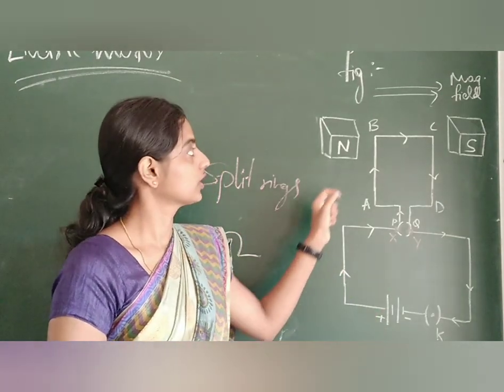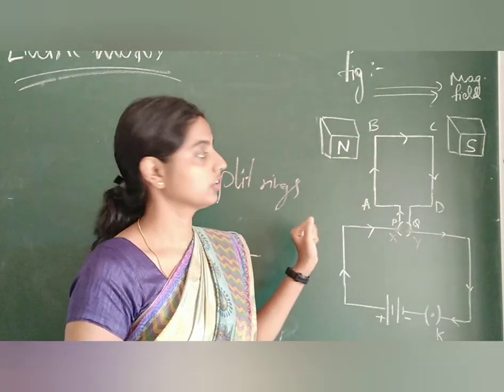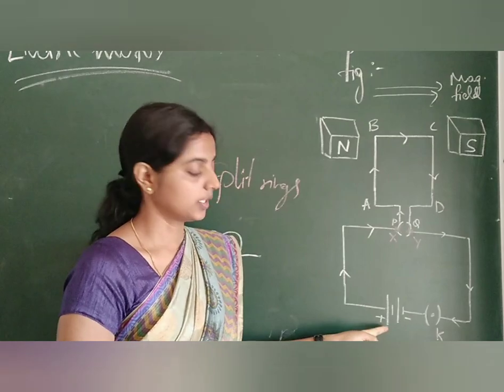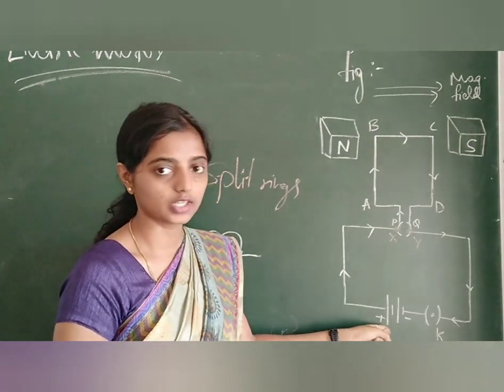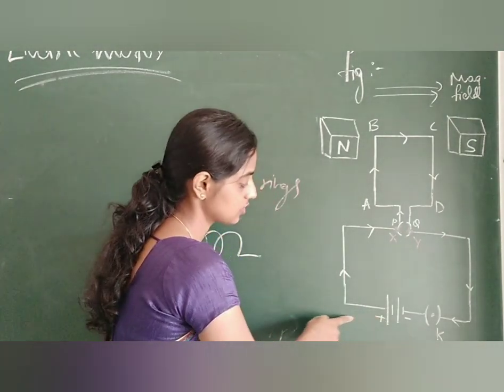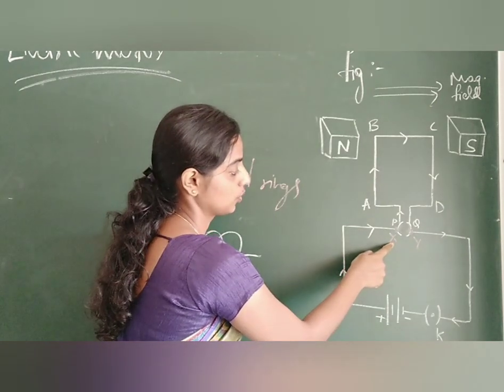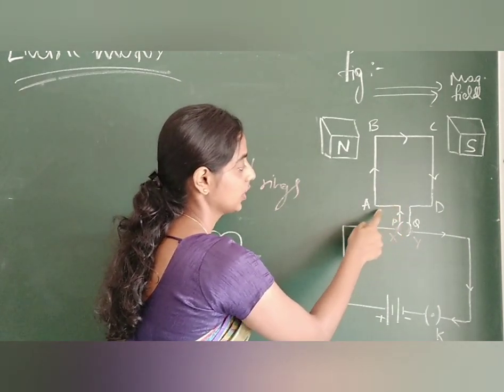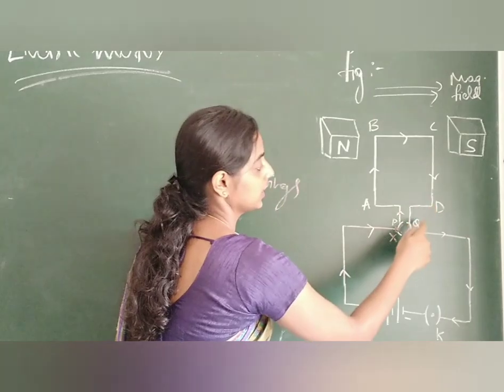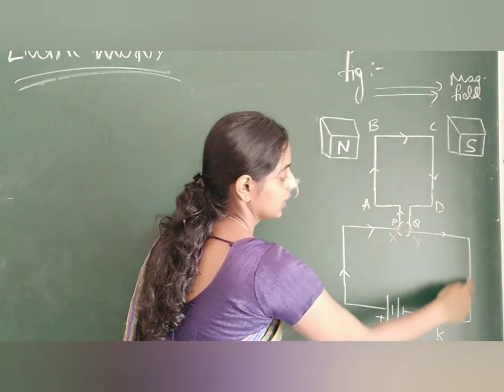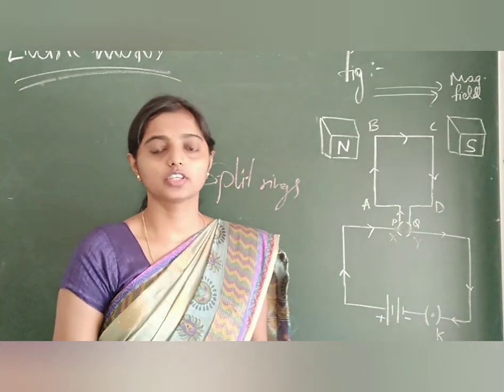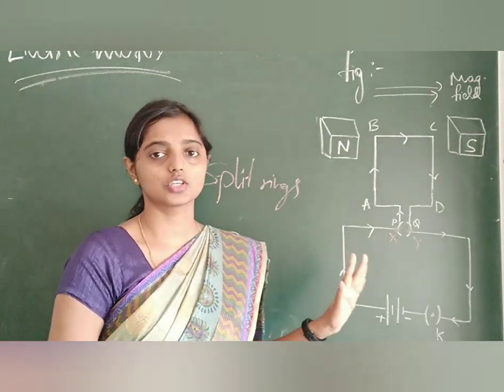This is how we constructed the figure, or how the figure looks. Now see, in the figure, current starts from the positive terminal to brush X, later from P it goes to A, B, C, D, then comes back to Q, Y, then flows back to the negative terminal. So this is the construction.